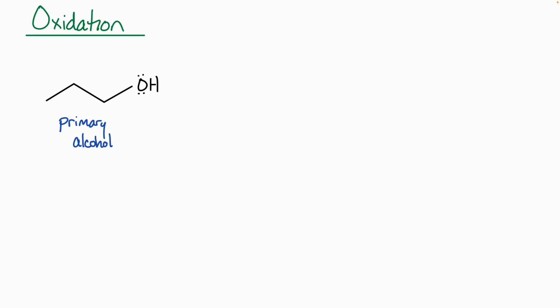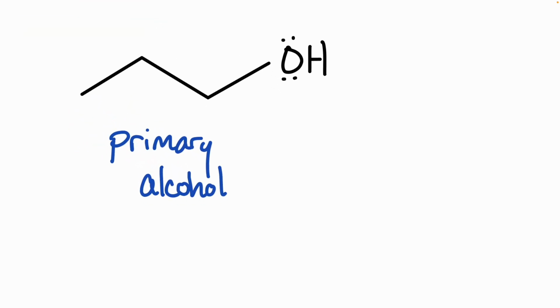Okay. When we talk about primary, secondary, tertiary alcohols, importantly, that oxygen's always going to have just one oxygen-carbon bond, right? That's what it means to be an alcohol. So if I have a primary alcohol, it is because that OH group is attached to a primary carbon. Remember, carbons, we count number of carbon neighbors. This would be a primary carbon because it's got one carbon neighbor.